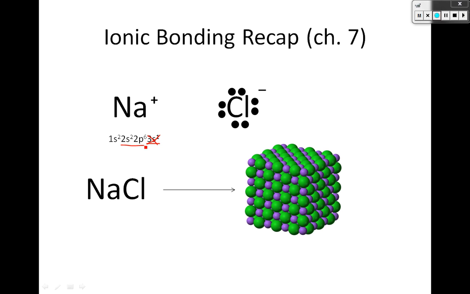So then sodium and chlorine both have charges, opposite charges, and so they attract to each other, and you get sodium chloride, and you get this nice ionic crystal lattice.